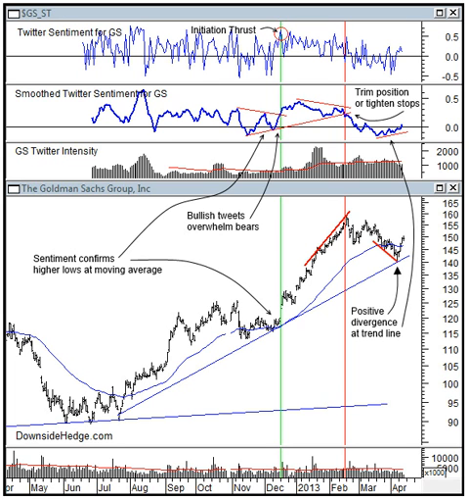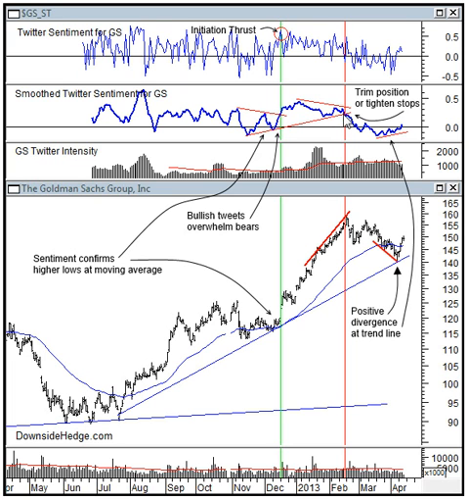The most important thing to notice when using sentiment as a technical indicator is the trend of smooth sentiment. When the trend of smooth sentiment is moving upwards, it's confirming an uptrend in price, and this shows that traders on Twitter agree with the price movement, and they're buying or accumulating stock as the stock moves higher.